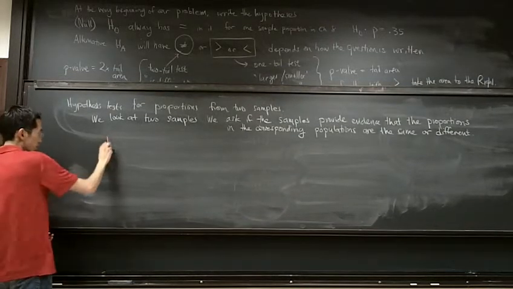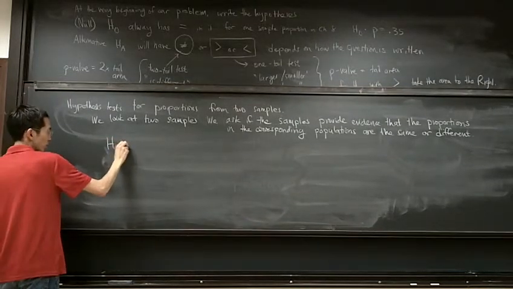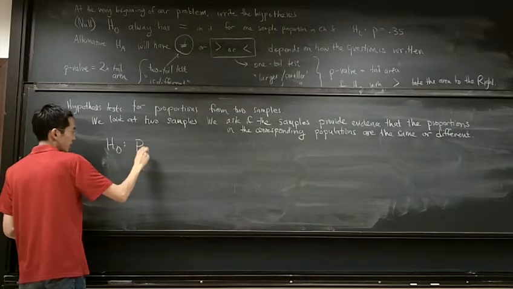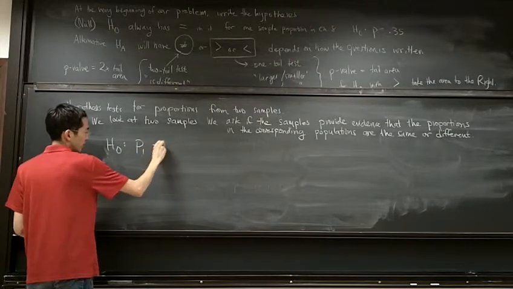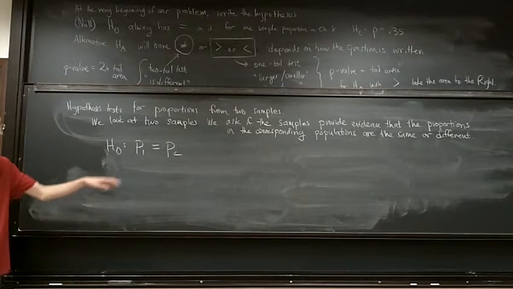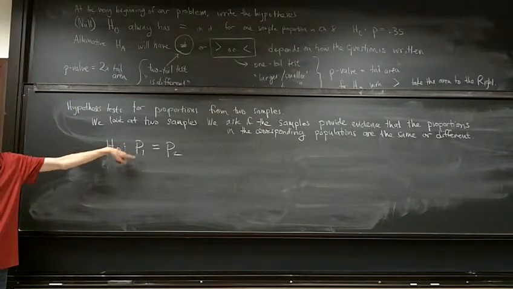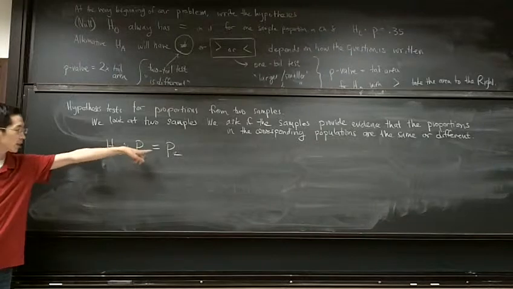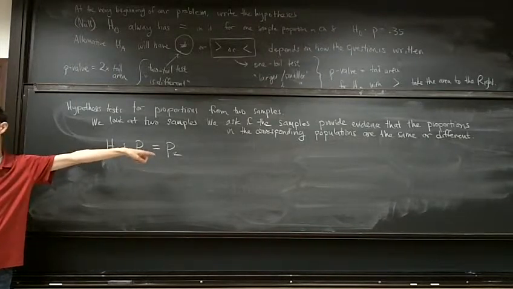So in this case, our null hypothesis would be that P1 equals P2, meaning the proportion in population 1 is equal to the proportion in population 2.